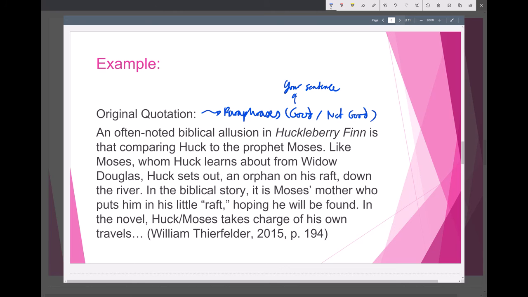Still the author's idea, though. It's always the author's idea. That's why we cite this. But when the paraphrase is not good, it's still too much. It still looks like the author's words, which means you should just quote in the first place.